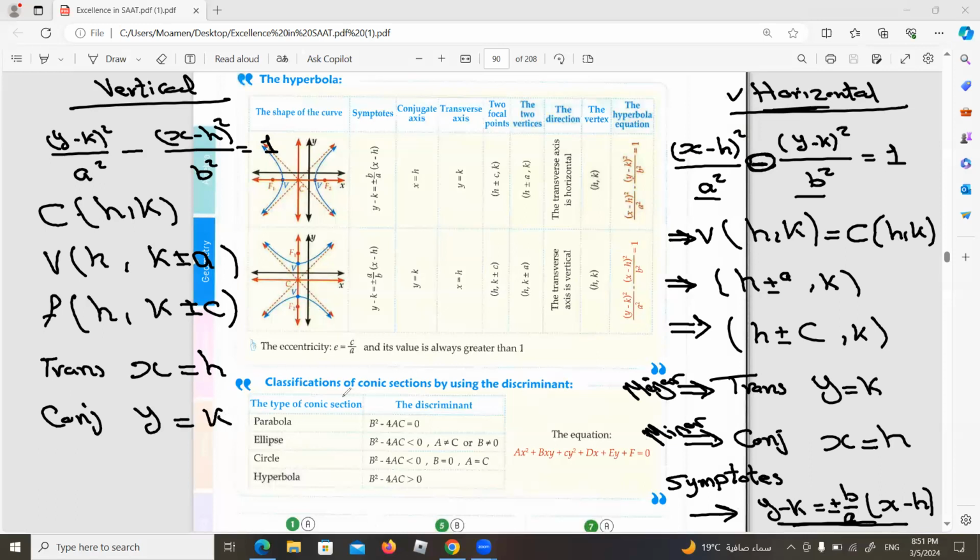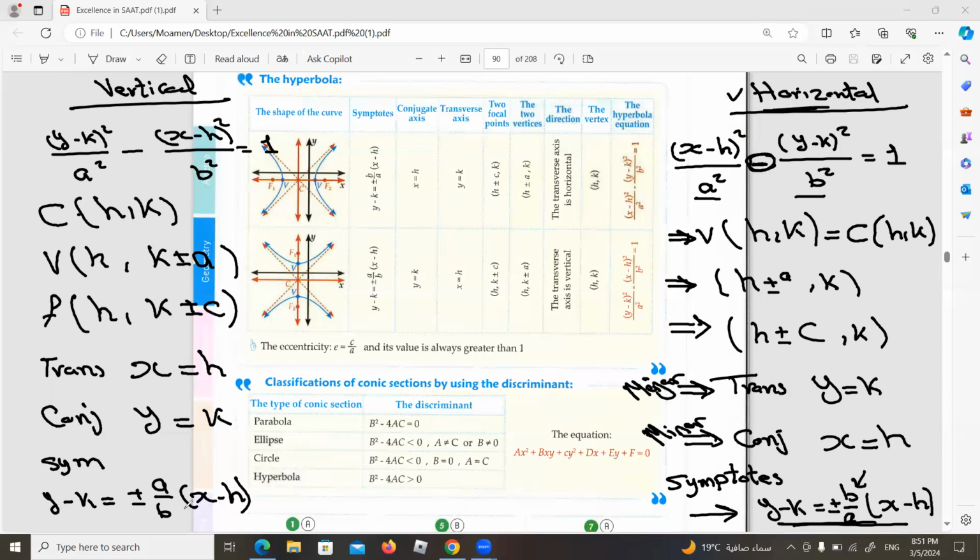There is no change between the major and the minor in the ellipse and here in the hyperbola. It's the same. The asymptote equation is y minus k equals positive or negative a over b. It's b over a in the horizontal, so I flip it. It's a over b in the case of vertical, and x minus h is the same.